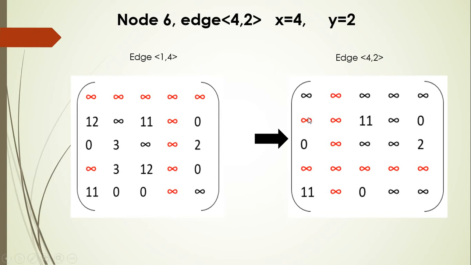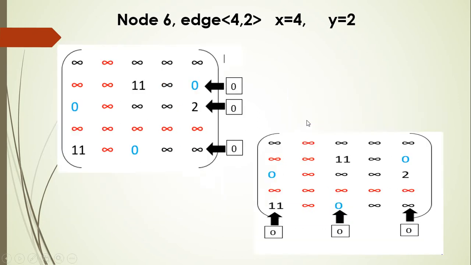And 2 to 1 also, we are not traveling here from 2 to 1, so make that also infinity. Now for reducing rows, it's a 0, 0, 0. For reducing columns, it's a 0, 0, 0.